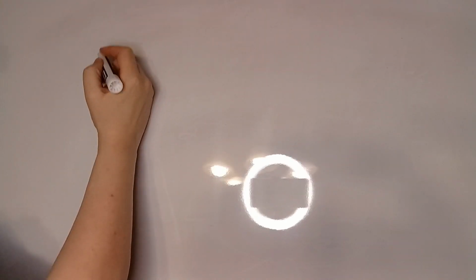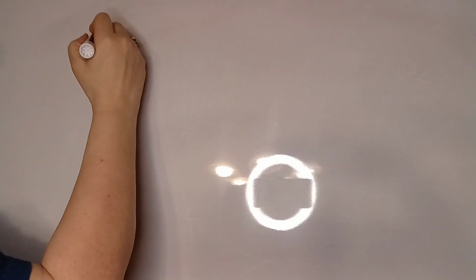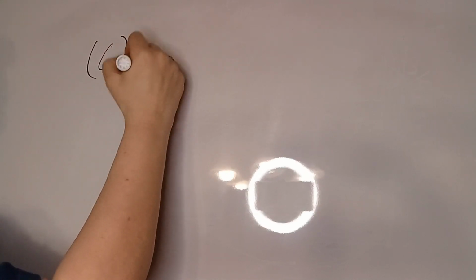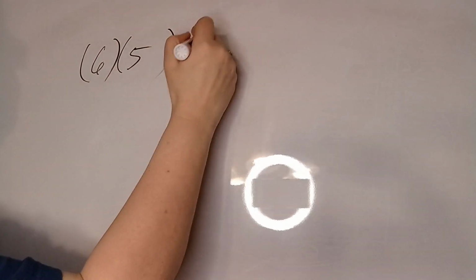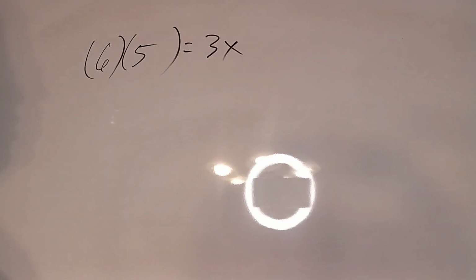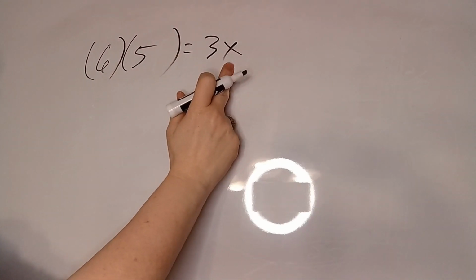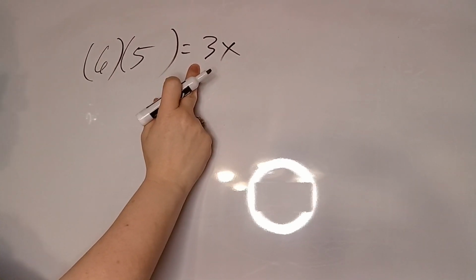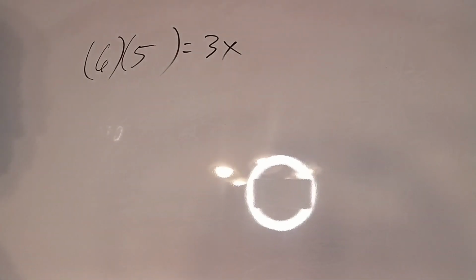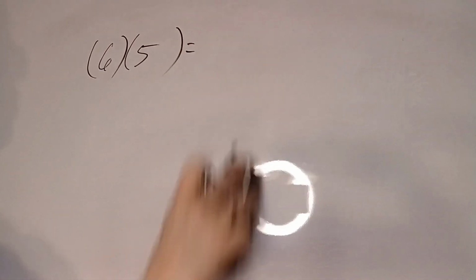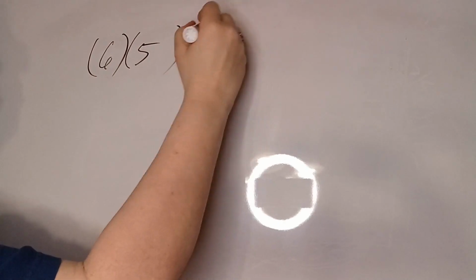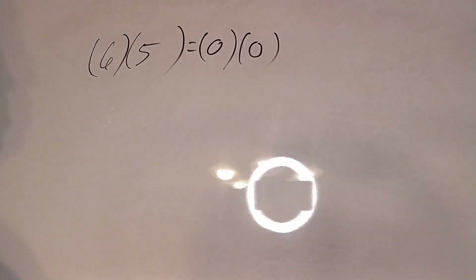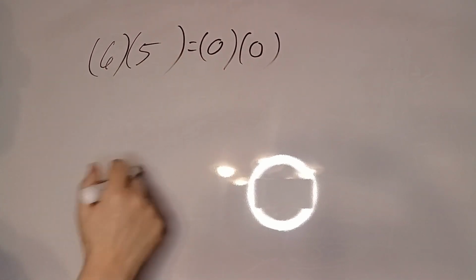So if we were looking at 6 men working 5 hours, and we want to know how many men it would take to get it done in 3 hours, we're multiplying because having fewer men does not get it done faster. If you're putting zeros in, that doesn't work.